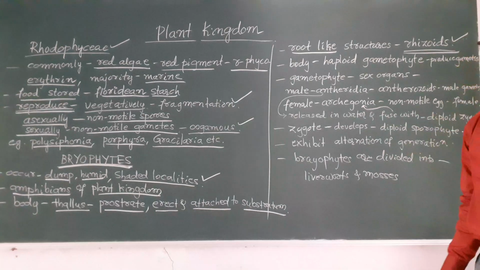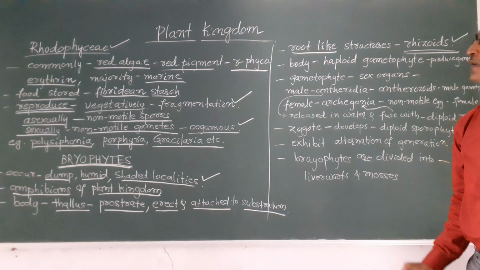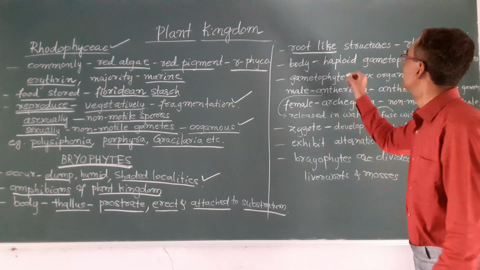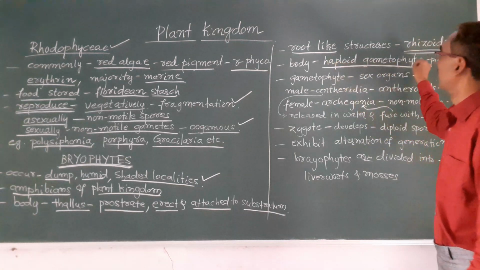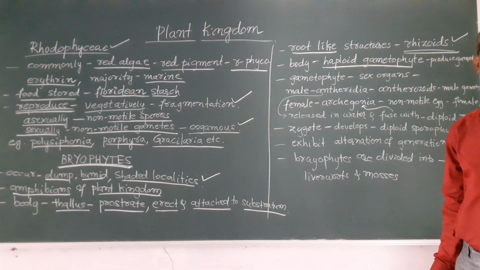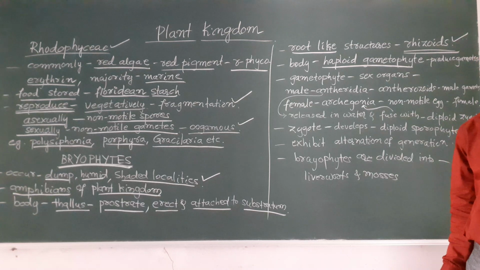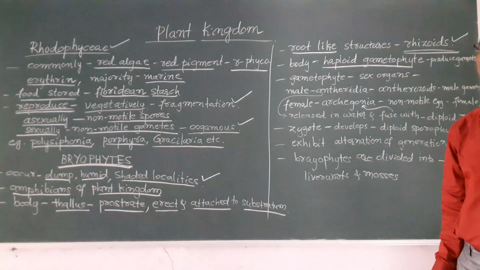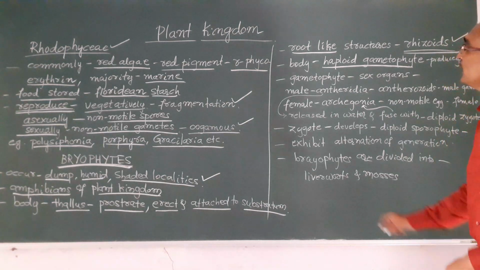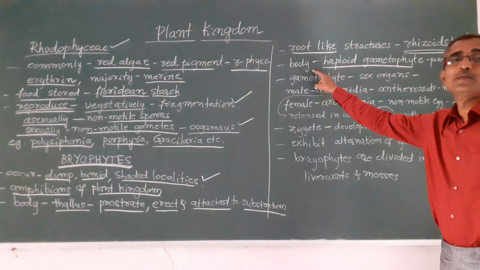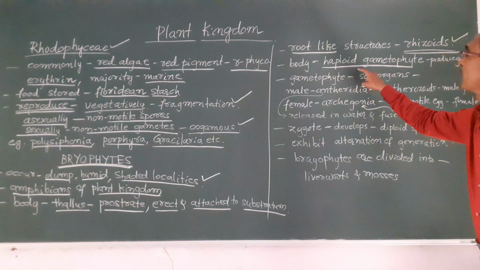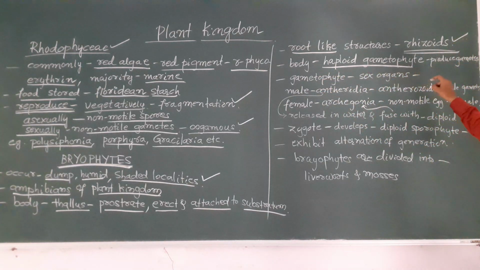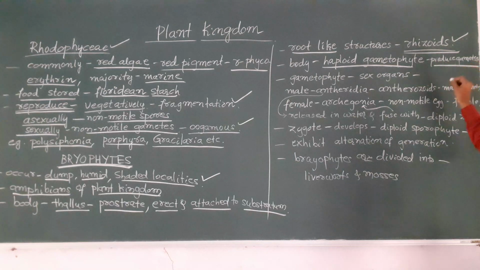The body of the bryophyte is a haploid gametophyte. Haploid means having n number of chromosomes, and gametophyte means producing gametes. So the body of the bryophyte is a haploid gametophyte, that means it produces the gametes.